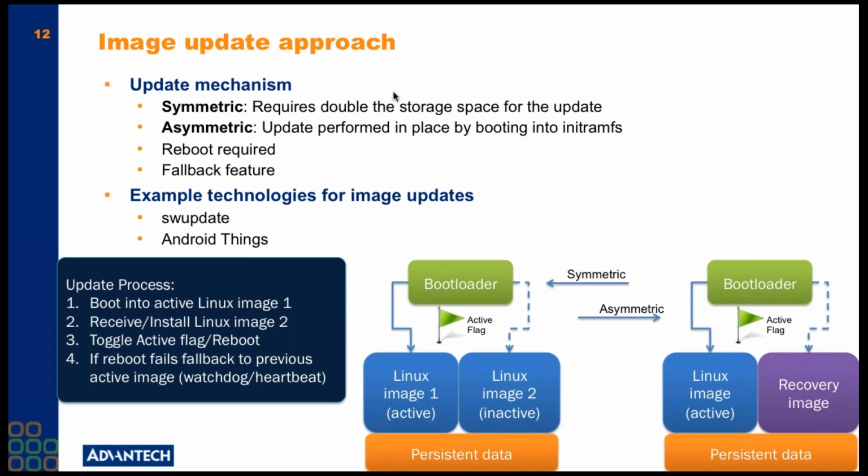Then I reboot again, and I boot into the new image in that Linux image partition. That's the difference. But this allows me to fall back into a last known good software partition and recover the device. Example technologies include SWUpdate. Android also uses this type of approach.